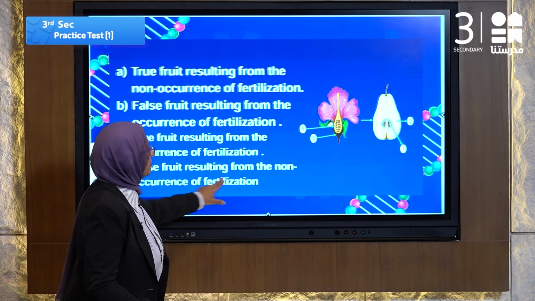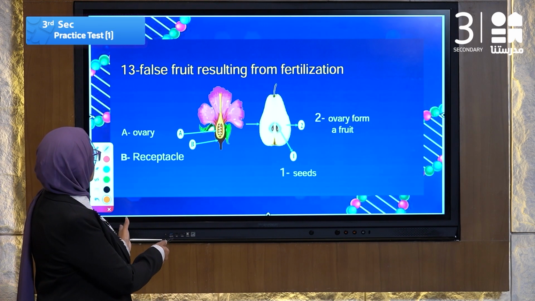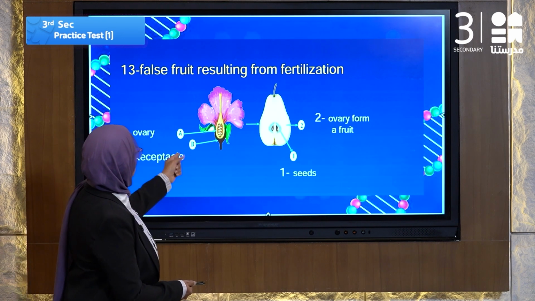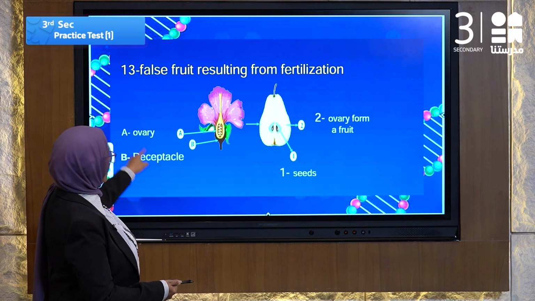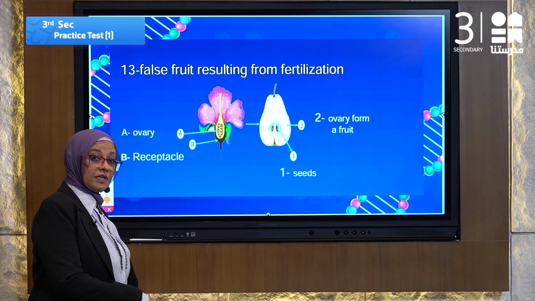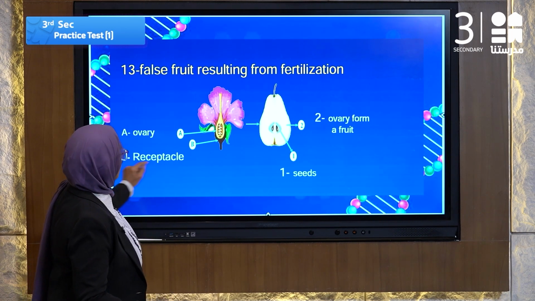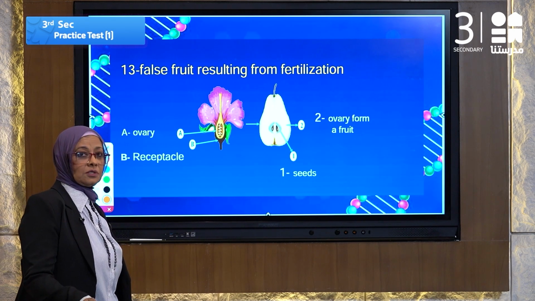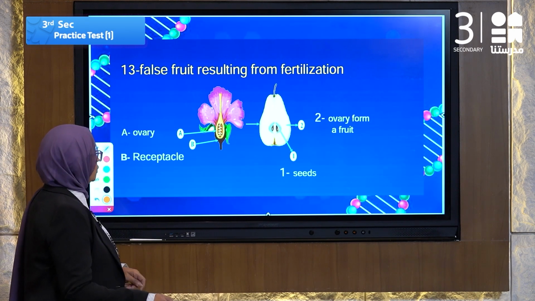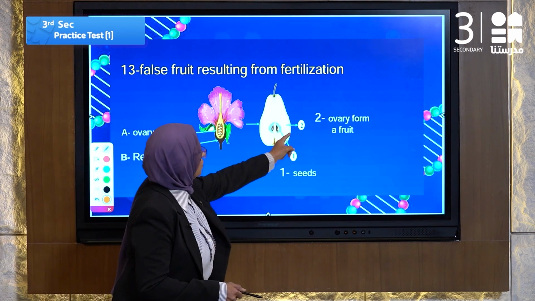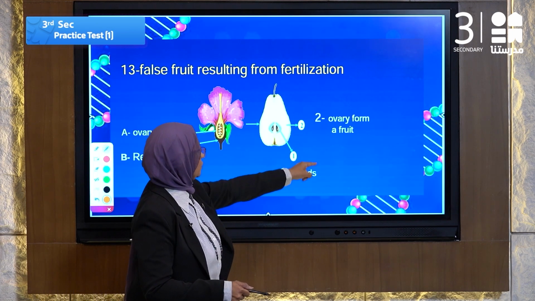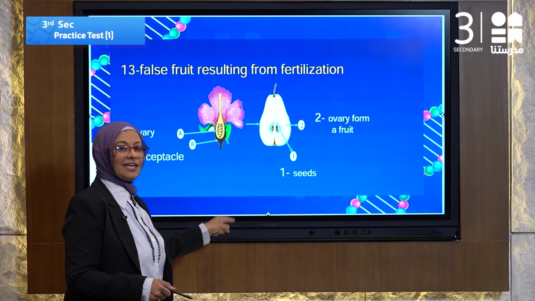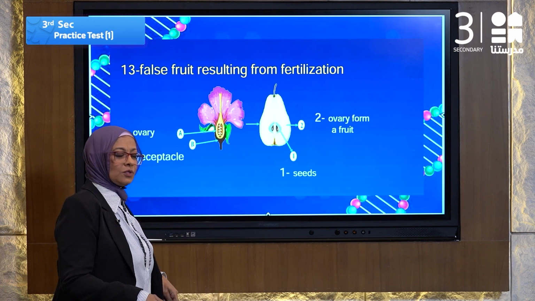Okay, let's speak about the fruit and the flower. The flower has 2 parts, A and B. A is the ovary of the flower. B, the receptacle, is a part of the flower, not the part which reproduces. The ovary forms the seed. The seed is the son of the fruit.